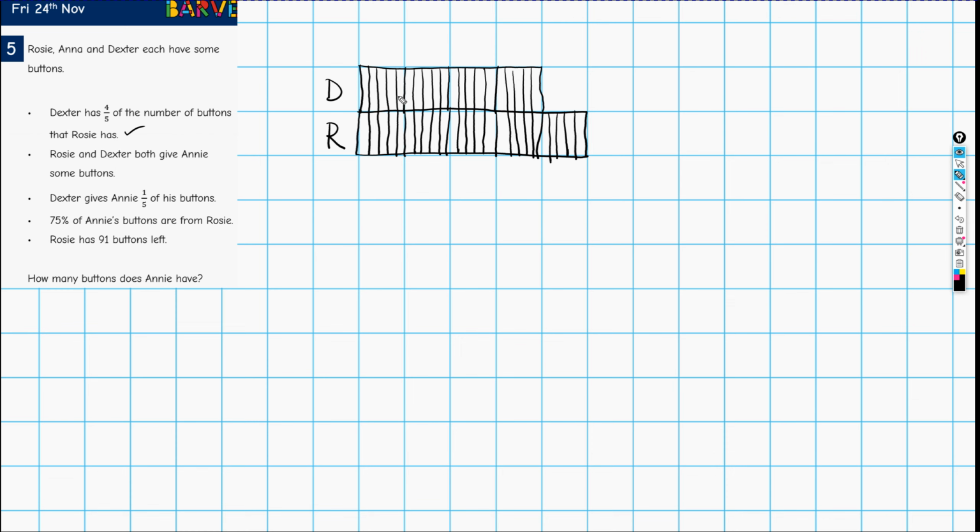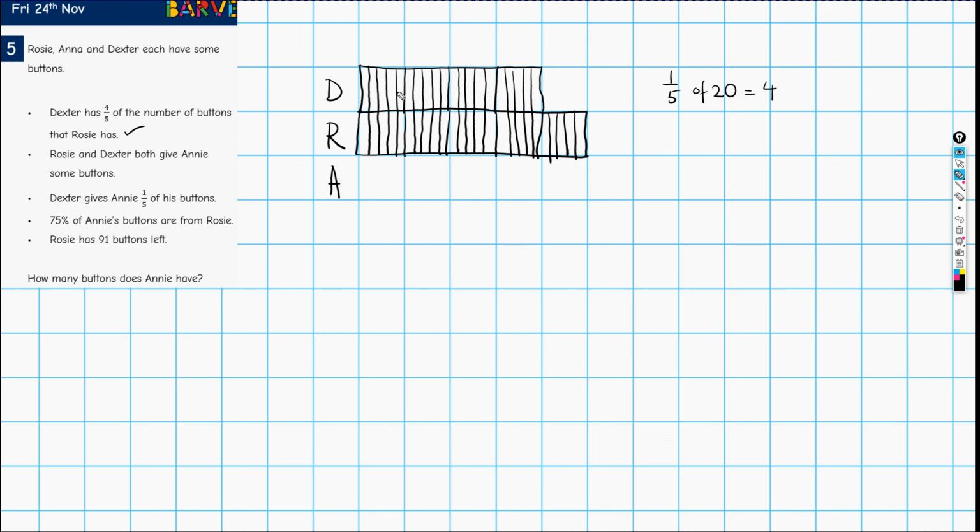Okay. Right. So we have split this into 20ths. And what are we told? We're told that Dexter gives Annie 1/5 of his buttons. So here's where we're going to draw a bar for Annie. We want to know what is 1/5 of 20. And 1/5 of 20 is 4.